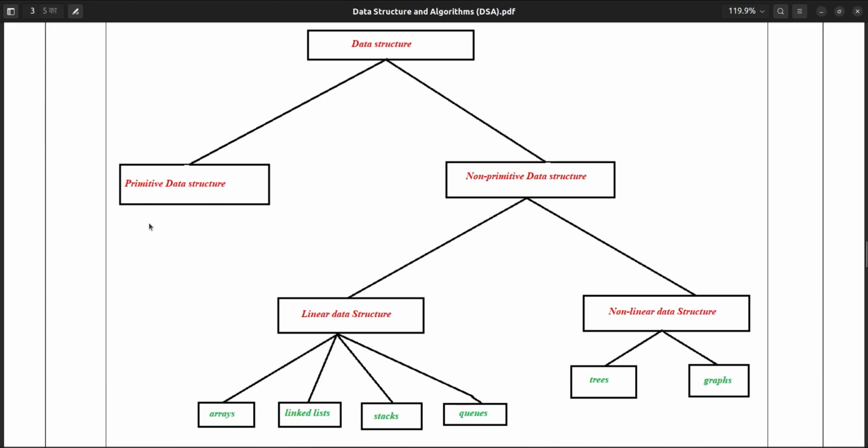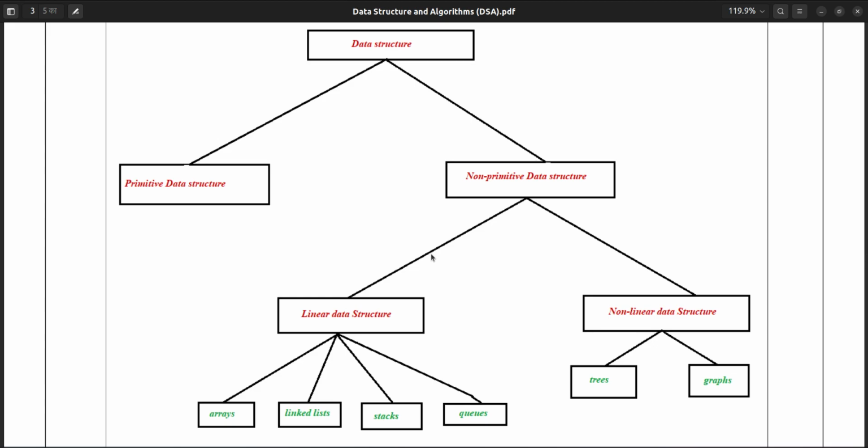Primitive data structures don't have any further type, because primitive values are primitive only. Non-primitive data structure means the data structure that is built by using primitive data structures.